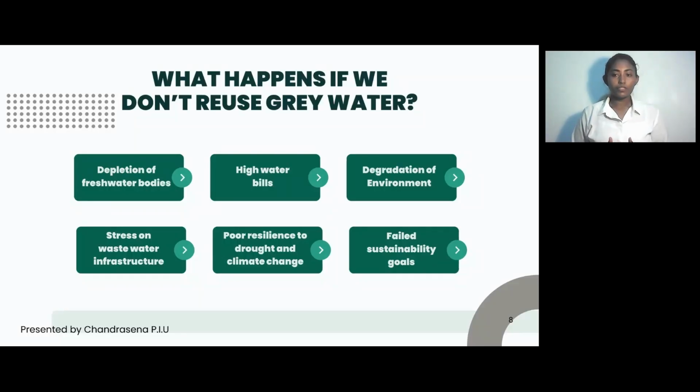As the climate changes, drought and water shortages may occur. If we don't reuse grey water and rely fully on fresh water, we won't be able to properly cope with drought. As I said before, if we don't reuse grey water, we also risk failing our sustainability goals. So, grey water use isn't just a small solution. It's part of achieving global sustainability goals.